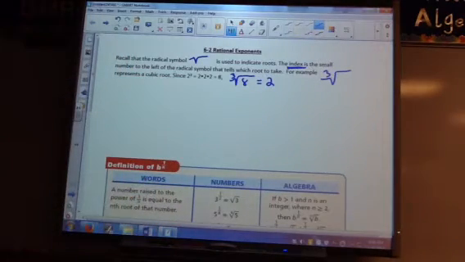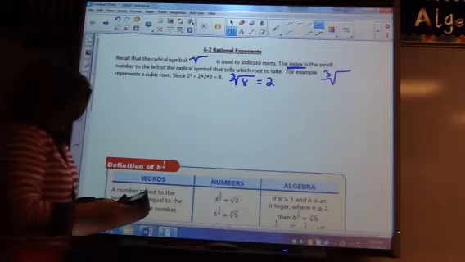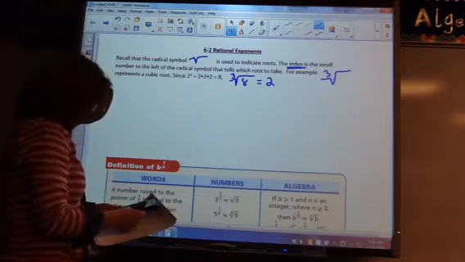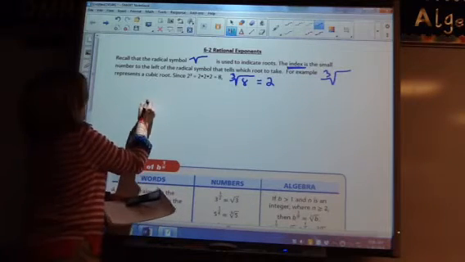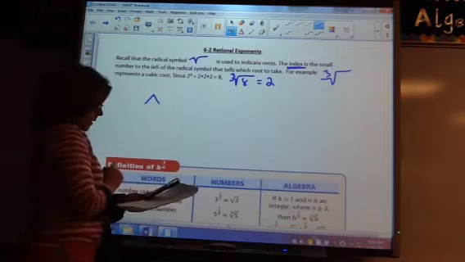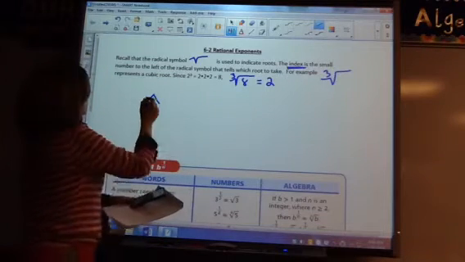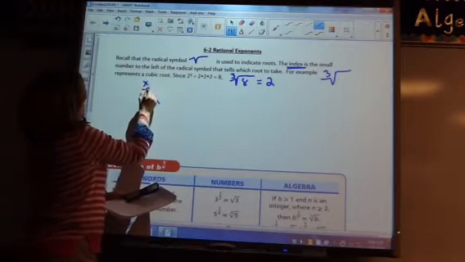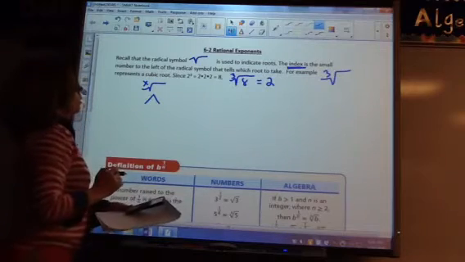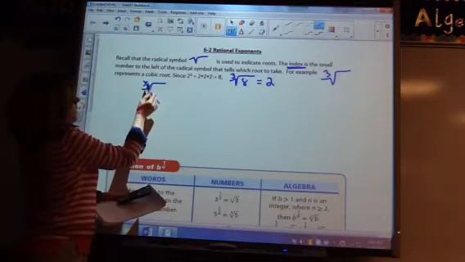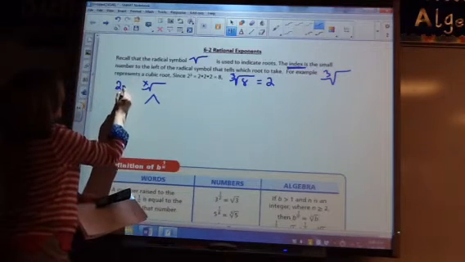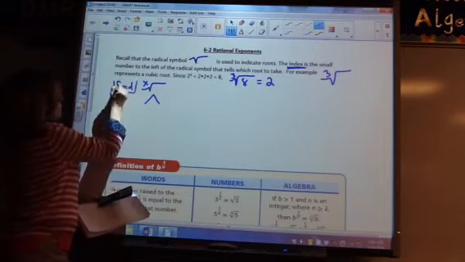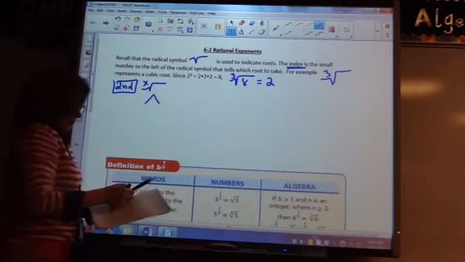Now, on your calculators, if you're using my calculator, you're going to see your power button that looks like this, and above it, in blue, you're going to see your index x and your radical sign. So you're going to need to hit the second function button, and then this.